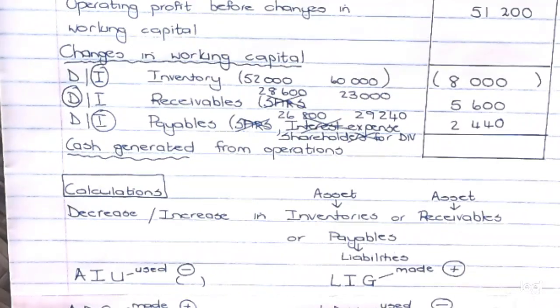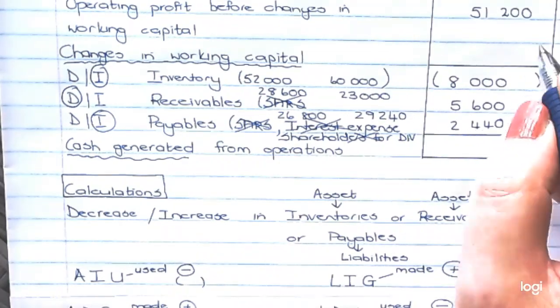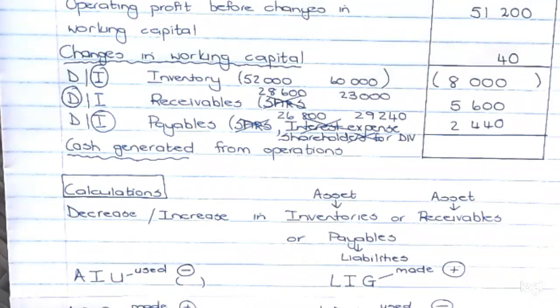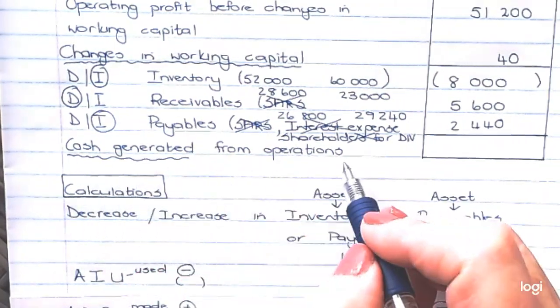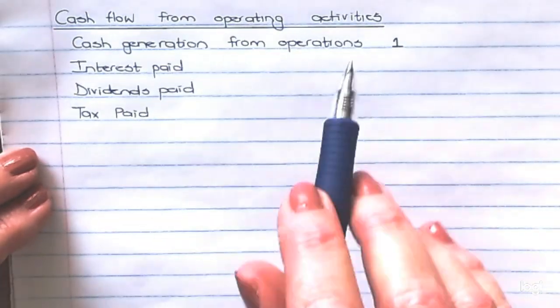Right. Now, the answer of these three is just 40 Rand. And now the final answer: what is the amount that's going to go to my cash flow statement next to note 1?